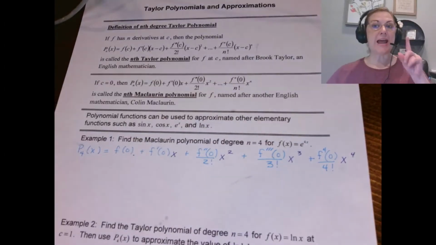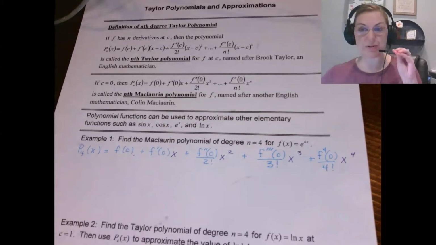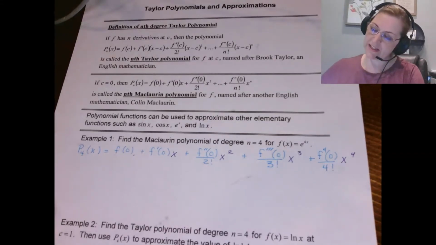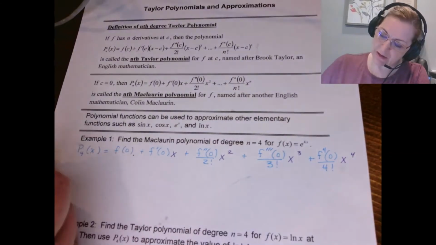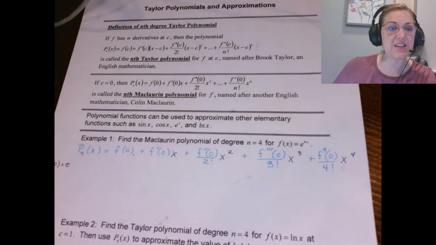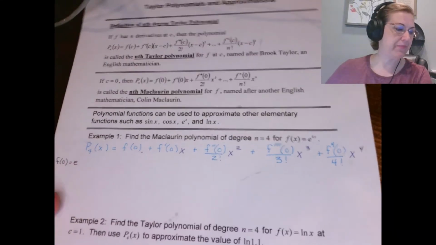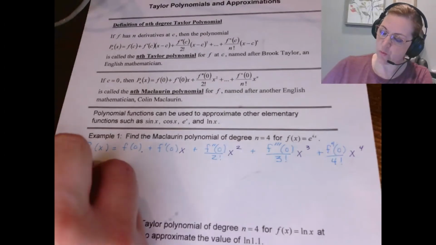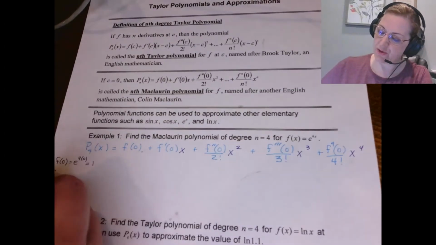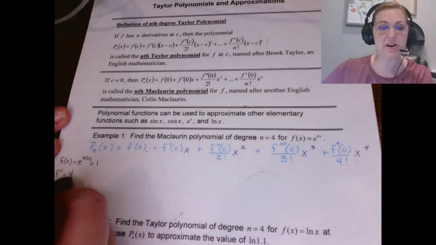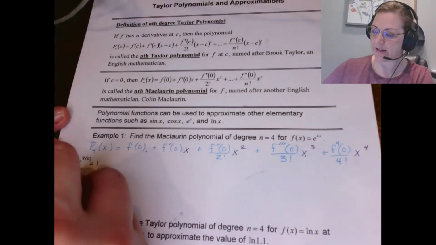Okay, now I'm going to build my polynomial specific to this function. So let's think about e to the 4x. Okay, so I'm going to need f of 0. That would be e to the 4 times 0, which is 1. Then I'm going to have to do the derivative. First derivative would be 4 e to the 4x.